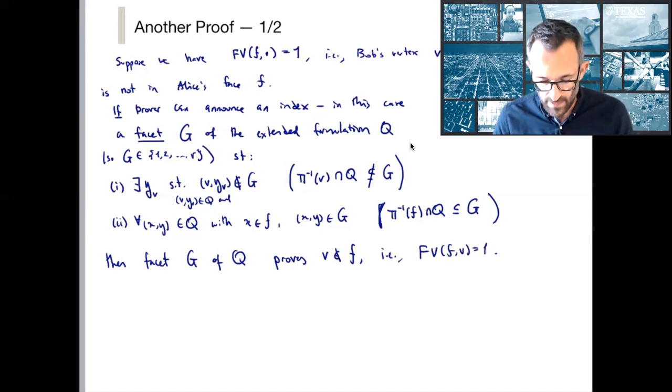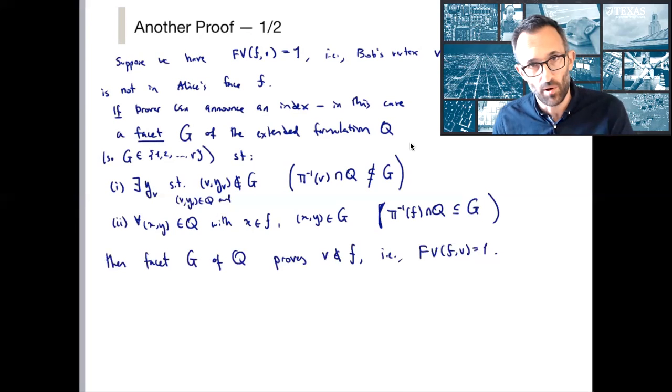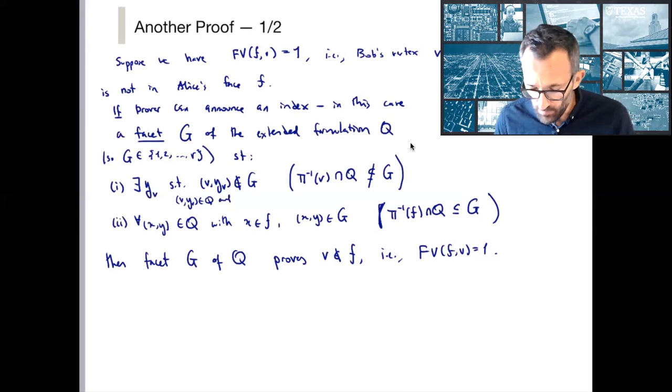So it's worth reflecting on this. If the prover can produce one of the R facets, such that properties 1 and 2 hold, note that this can only happen if V is not an element of the face.